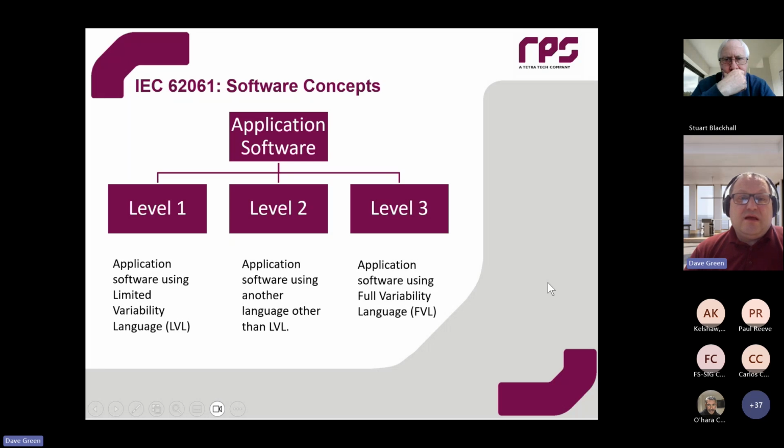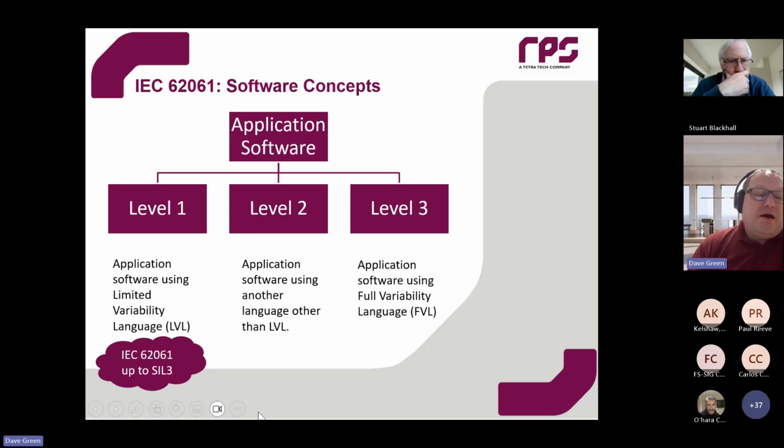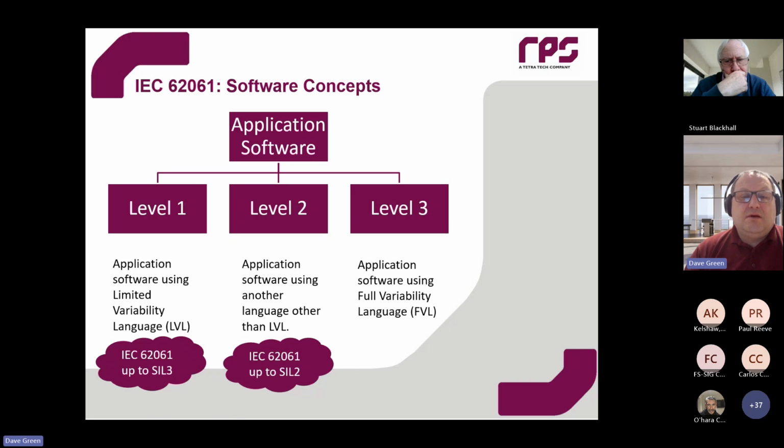So it's giving you now some specific guidance on the different software types. Oh, here we go, I did put bubbles in. So 62061 up to SIL3 following this standard, up to SIL2 if you're using application software other than LVL, and then 61508 Part 3 for full variability language.